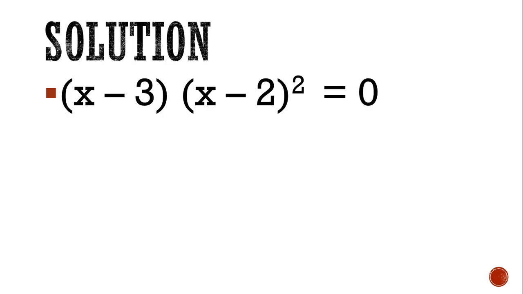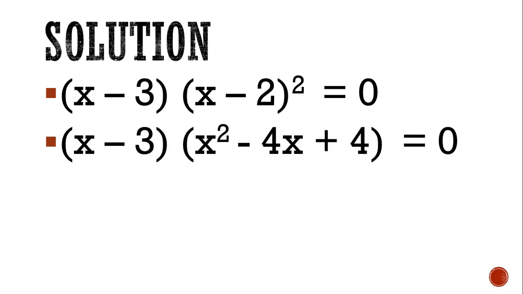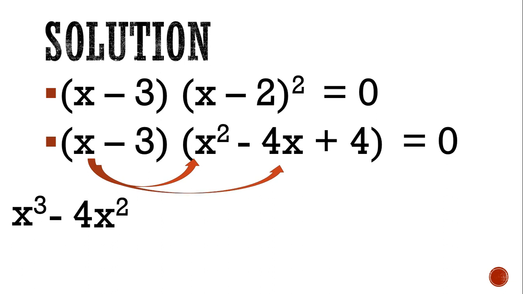Before writing this equation in its standard form, we need to multiply x minus 3 and the square of x minus 2. The square of x minus 2 is equal to x squared minus 4x plus 4. That's still to be multiplied by x minus 3. By the distributive property, x times x squared is equal to x cubed. x times negative 4x is equal to negative 4x squared. x times positive 4 is equal to positive 4x.